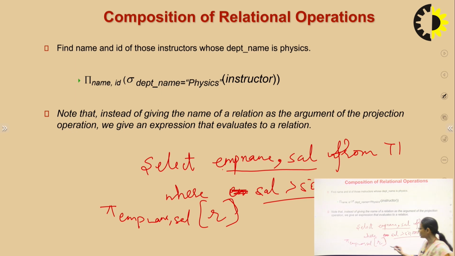So instead of writing a table name, we are going to write another relational algebra query. What's that other query? It is my sigma. What's the condition? Salary is greater than 50,000. And what's the relation? This is T1.